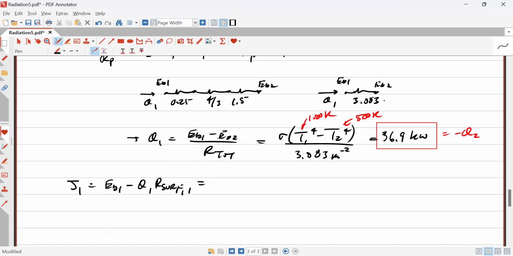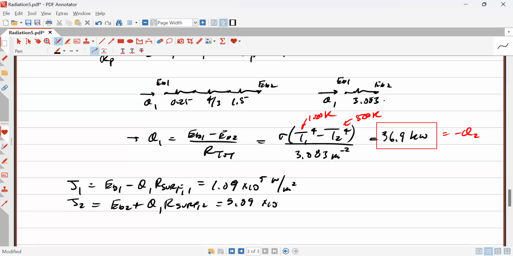You plug them in, and you get a value of 1.09 times 10 to the 5th watts per square meter. J2 is going to be EB2, but now we add Q1 because it's upstream in the network, times R surface 2. The value we get there is 5.89 times 10 to the 4th watts per square meter.